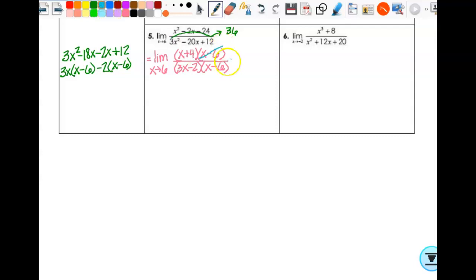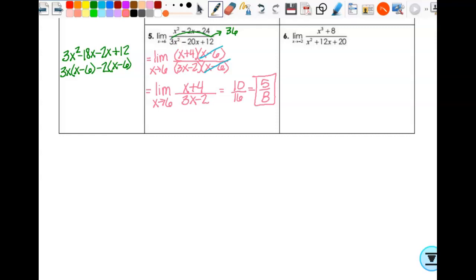And I can reduce and go ahead and finish this one up. We get 5 over 8.